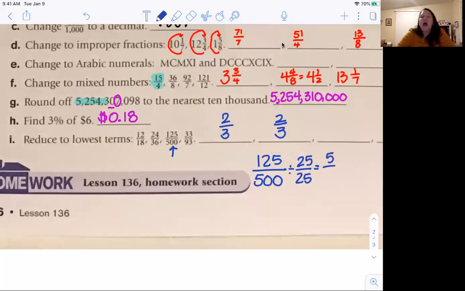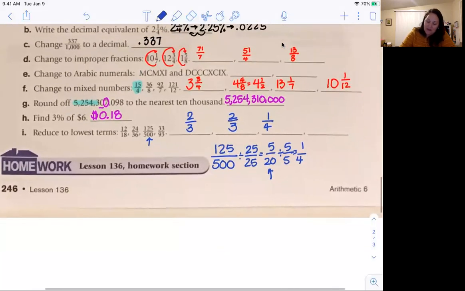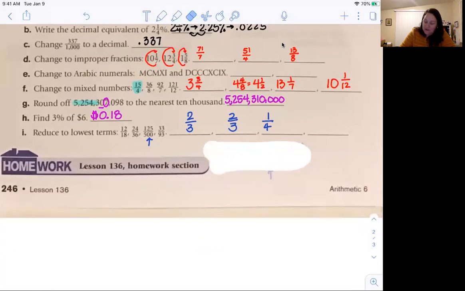Then how many times does 25 go into 500? Or how many quarters are in $5? If there's 4 quarters in $1 and you have 5 of them, what's 4 times 5? 20. Now listen, we didn't get a reduction all the way, but is that okay? We just keep going. What's my greatest common factor now between 5 and 20? It is 5. 5 divided by 5 is 1, and 20 divided by 5 is 4. So we get 1/4. So that means 125 was your greatest common factor.